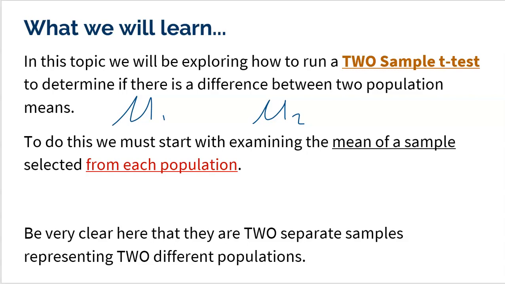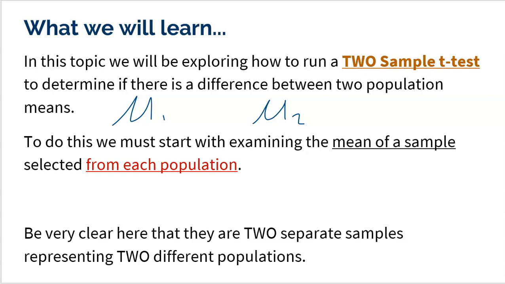Now, to do this, the only way I could think to figure this out is to start with looking at a sample, right? We need to take a mean from a sample taken from population 1, and we need to examine a mean taken from a sample from population 2.